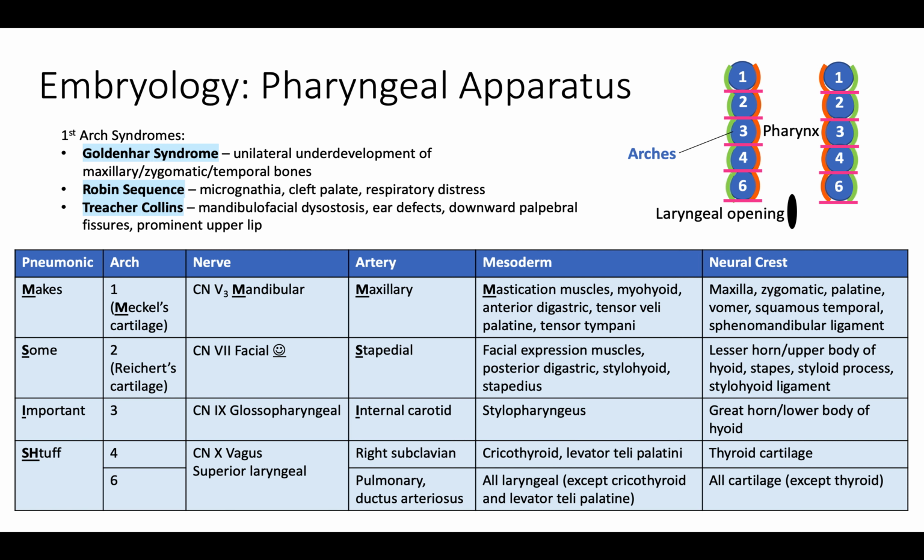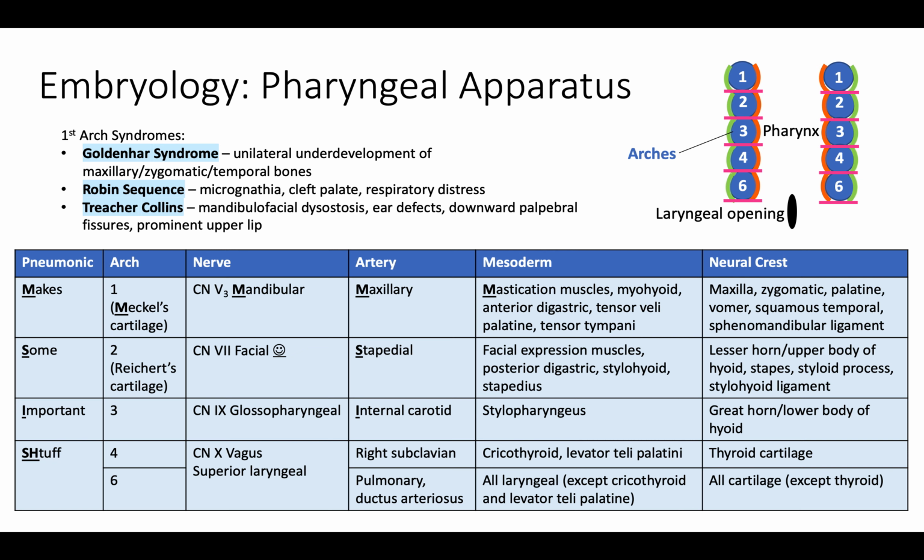The second arch is going to be the facial nerve, so cranial nerve 7, and it's Reichert's cartilage. And the artery is going to be the stapedial. And so just like you know with what facial does, it supplies facial expression, posterior digastric, stylohyoid, and stapedius.